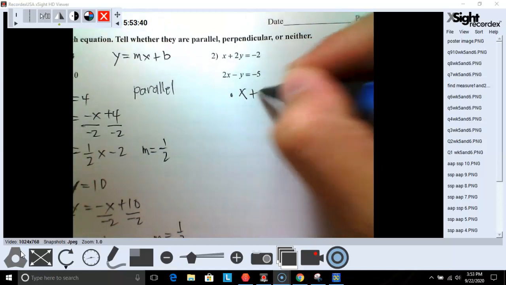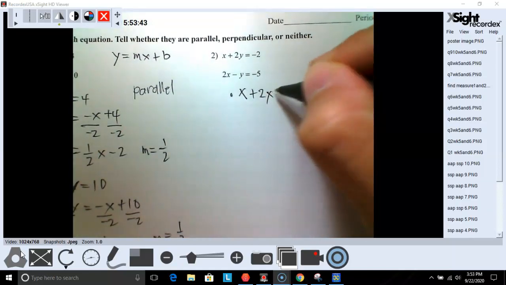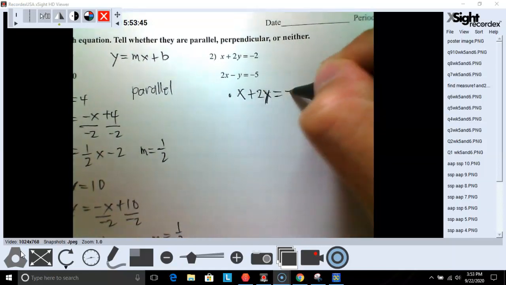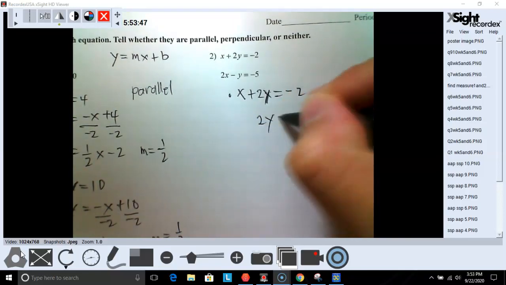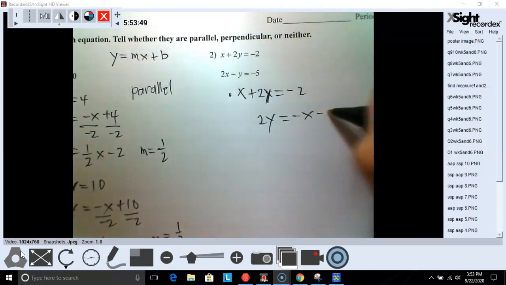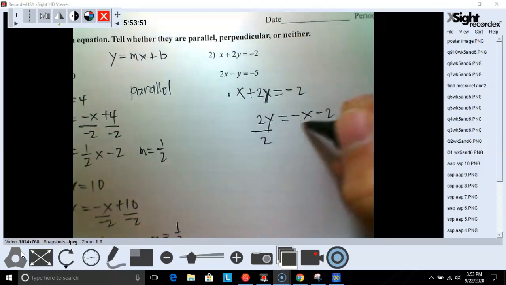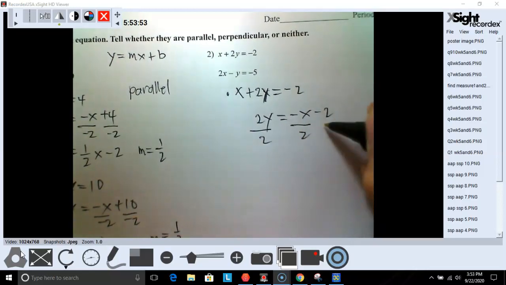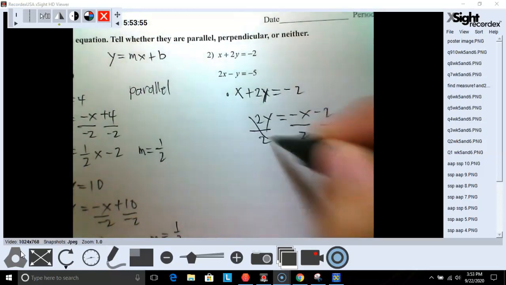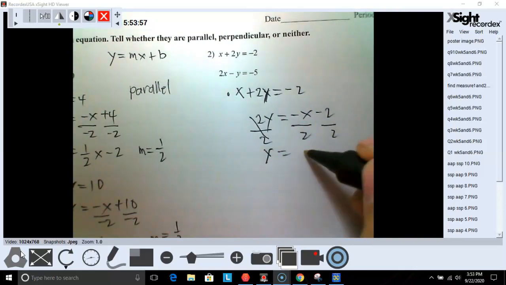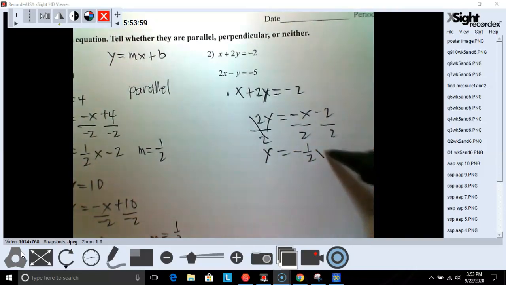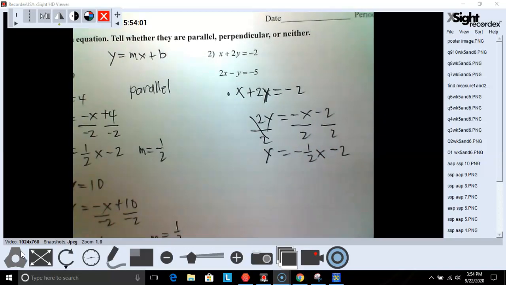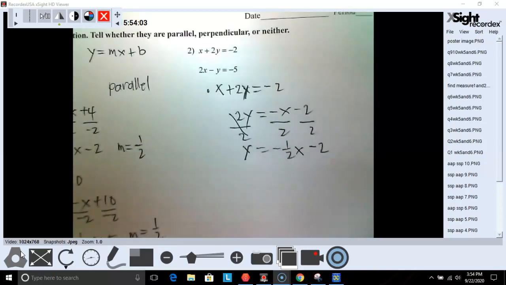So the first equation goes like this: 2y is equal to -x minus 2. Divide by 2, by 2, by 2. Y is equal to -1/2 x minus 2. Therefore, your slope is -1/2.